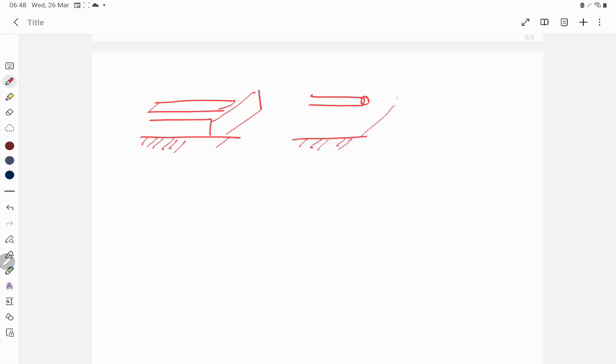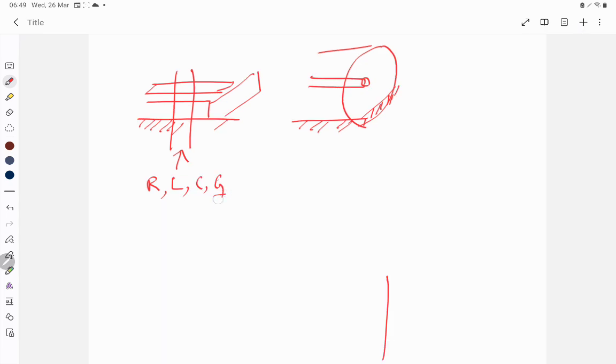We can model this coaxial line or microstrip line using a distributed model, where we assume that the transmission line comprises distributed resistors, inductance, capacitance, and conductance. Where does this come from?